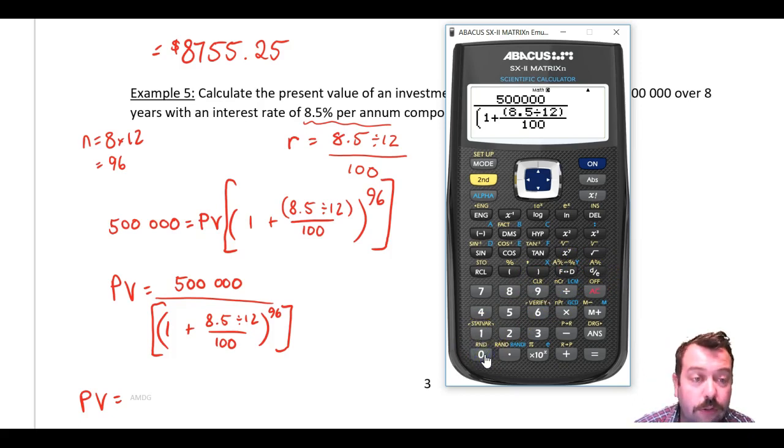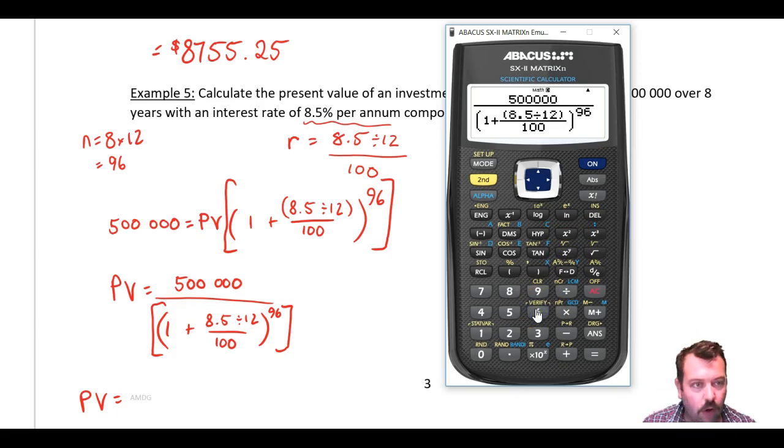Now just having a look at what's on the screen there, I can see that I haven't combined things with my numerators or denominators. So far this is still matching what I have written. Okay, we can see that. Now I raise that to the power of 96.